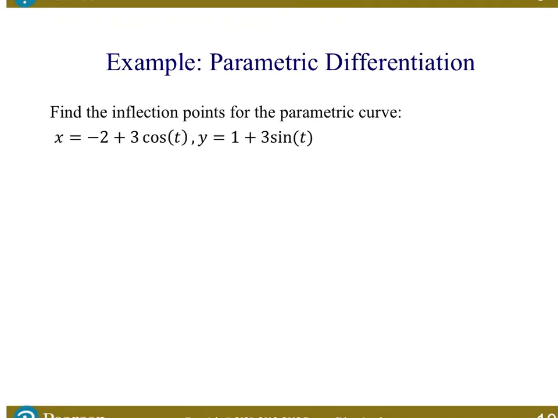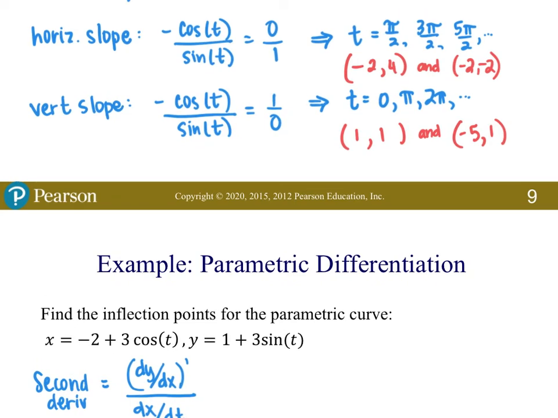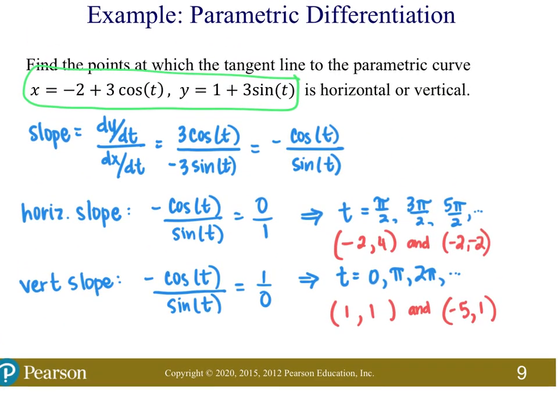All right, last one. How about inflection points for the same parametric curve? All right, so we need to find the second derivative. So the second derivative is the dy dx we just found, the derivative of that, divided by the original dx dt. And so we look back at what we have: negative cosine t over sine t.